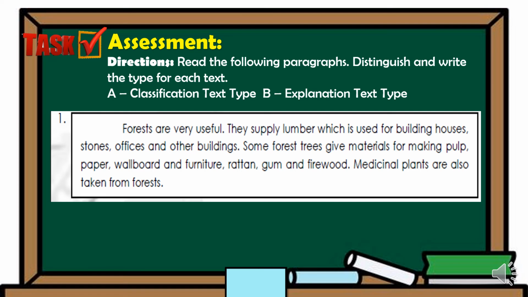Forests are very useful. They supply lumber, which is used for building houses, stones, offices, and other buildings. Some forest trees give materials for making pulp, paper, wallboard, and furniture, rattan, gum, and firewood.